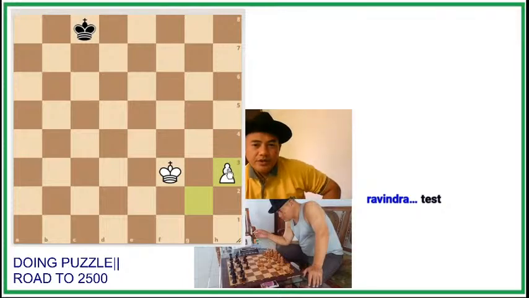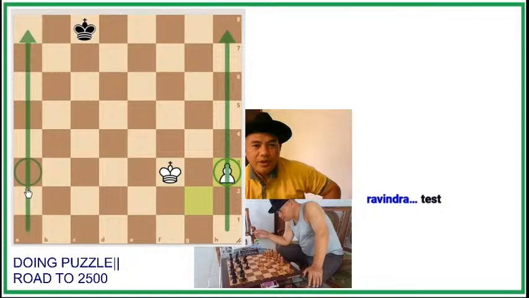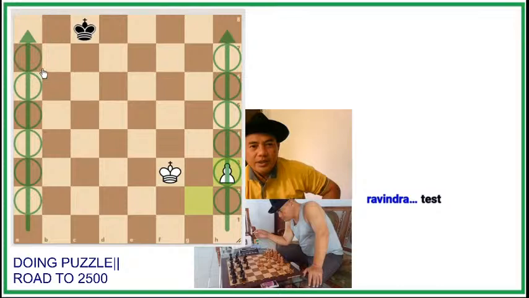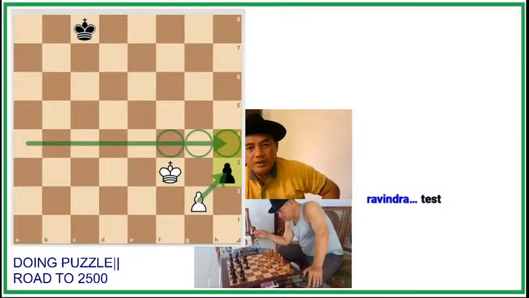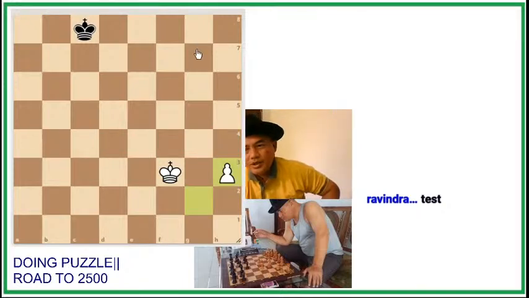As we learned before, when the pawn is on the H file or an A file, no matter where the position of the pawn, the key square will be here. So in this position, when black takes this pawn, the key square is changed to this square.